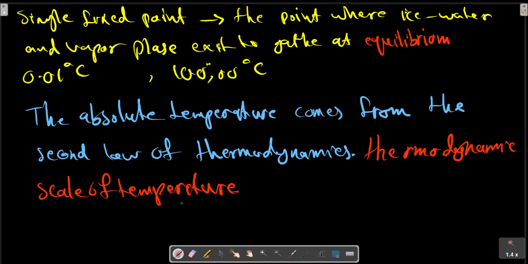However, it is difficult to use this scale directly. Therefore, a more practical scale, the International Temperature Scale, which closely represents the thermodynamic scale, has been adopted.